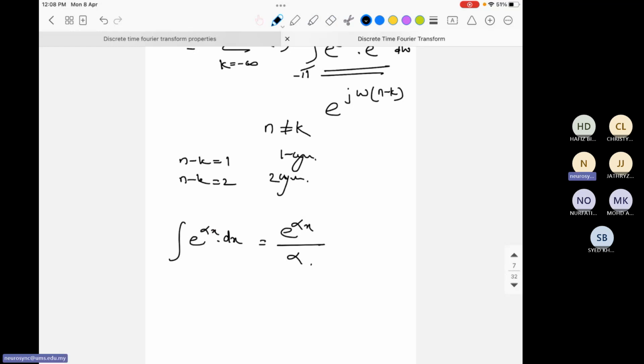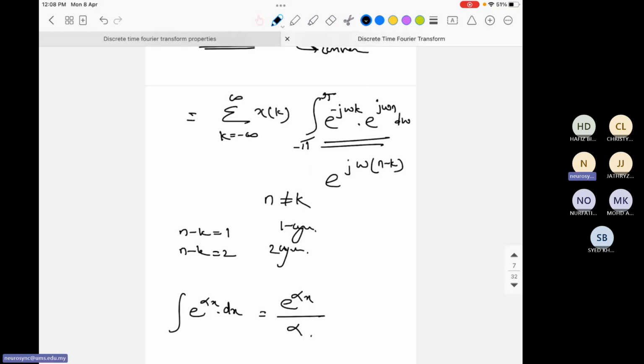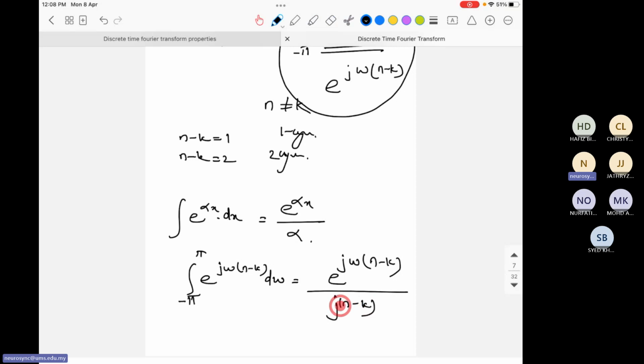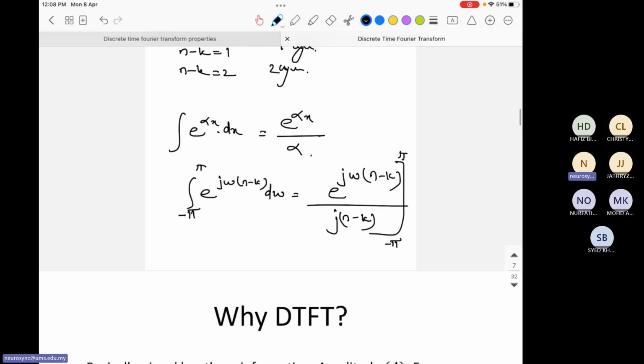Now I want to integrate this term: the integration from minus pi to pi of e to the power j omega into n minus k d omega is e to the power j omega into n minus k, divided by j into n minus k, over the interval from minus pi to pi. Now put the limit here.